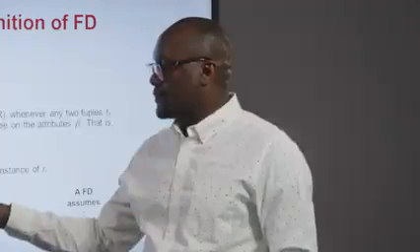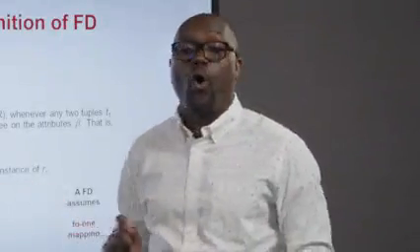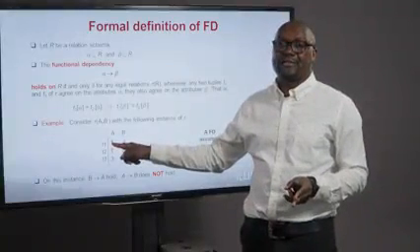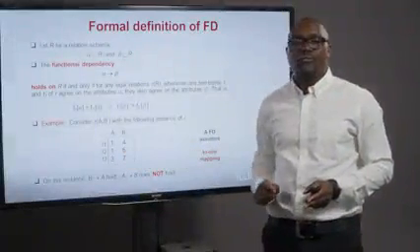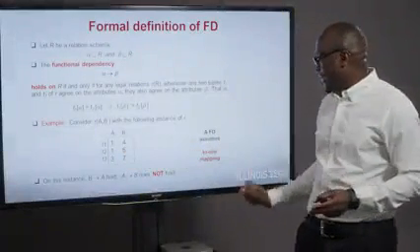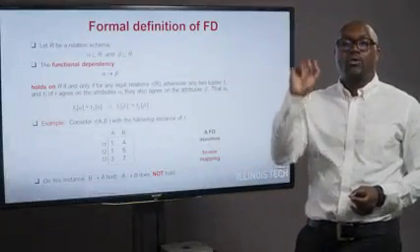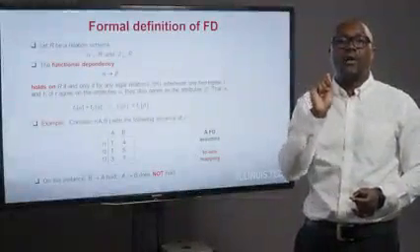Another reason why A functionally determines B doesn't hold is because our 1 points to two values. So 1 points to 4 and 1 points to 5. And that defeats our assumption that a functional dependency always assumes a 2-1 mapping.